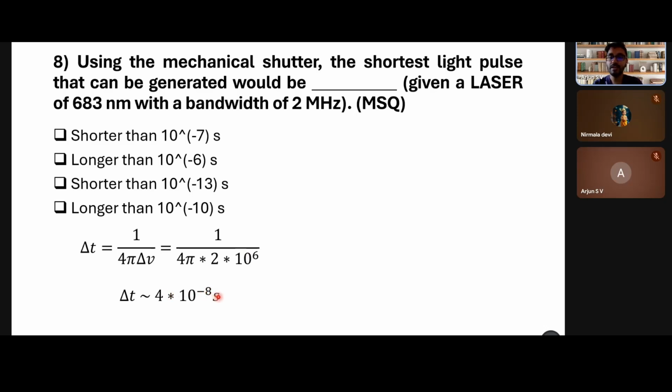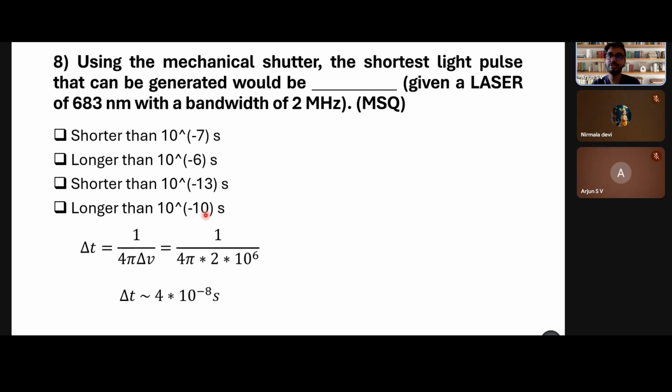seconds. If you look across all of these options, you can see that it fits two options here. Your 4.4 into 10 power minus 8 seconds is shorter than 10 power minus 7 seconds, but it's slightly longer than 10 power minus 10 seconds as well.